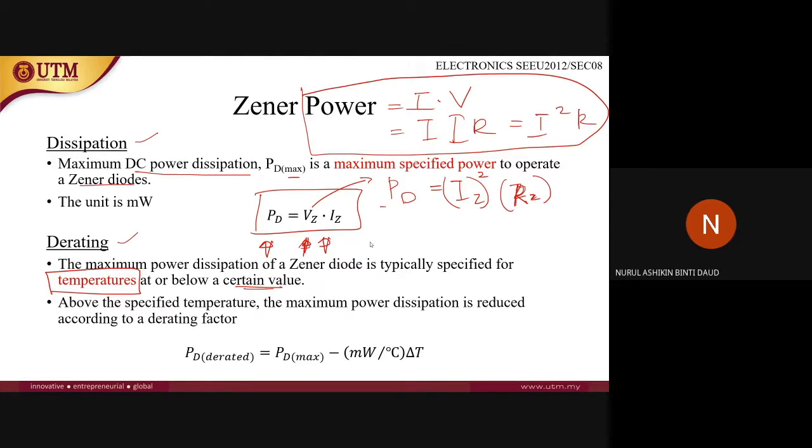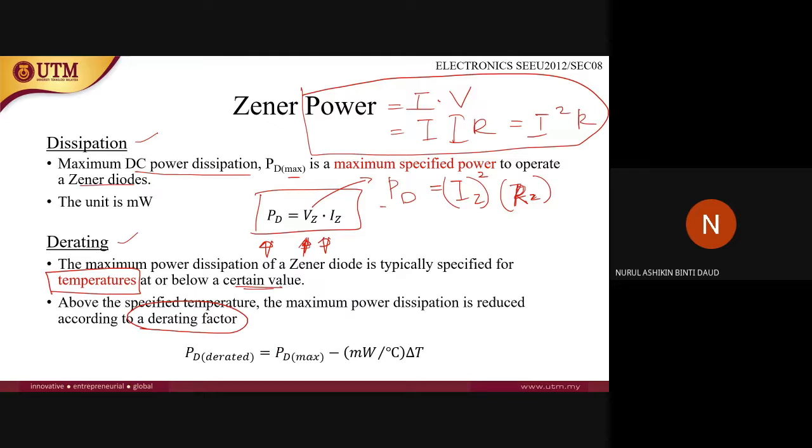You have to consider this value too. So the power dissipation will not keep increasing, because the temperature increases. Since the temperature increases, it will derate the power.